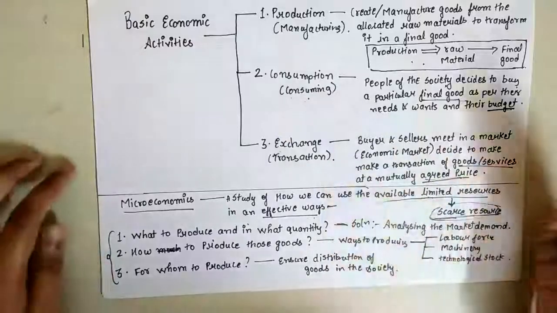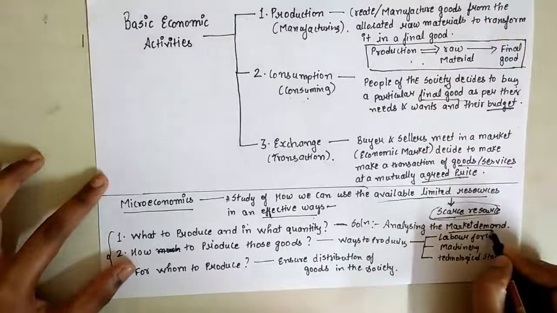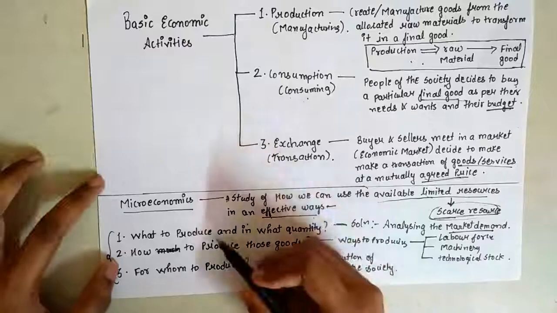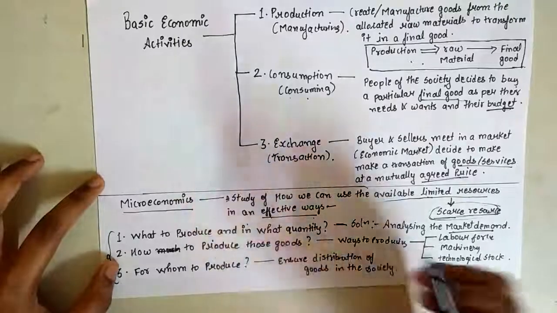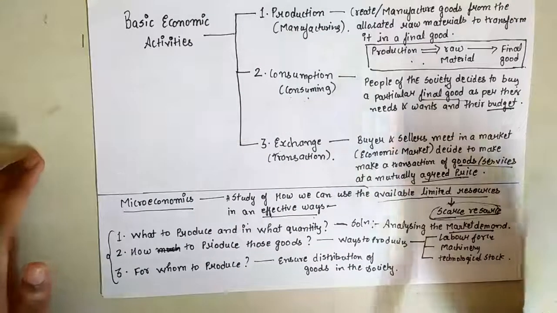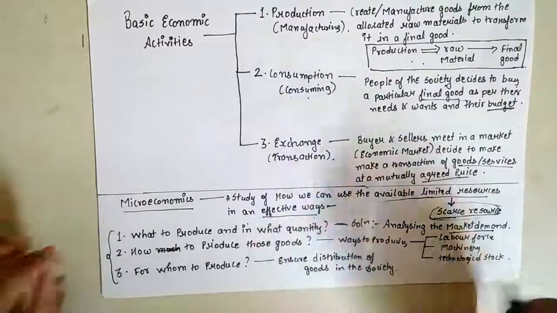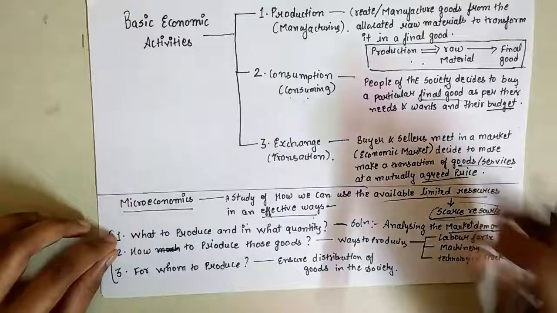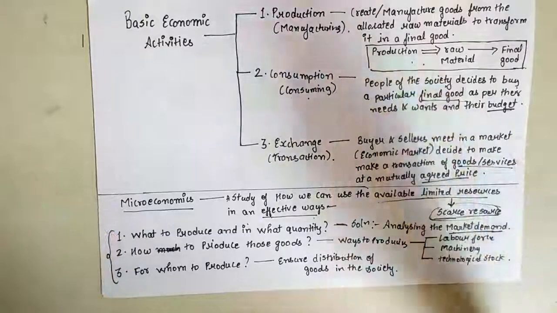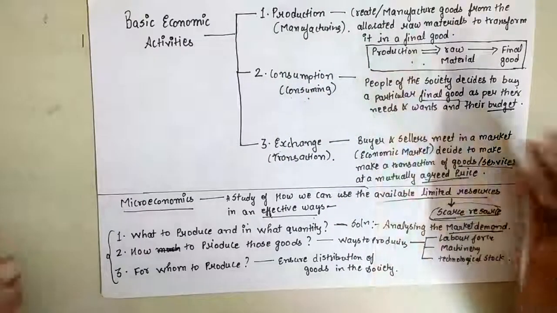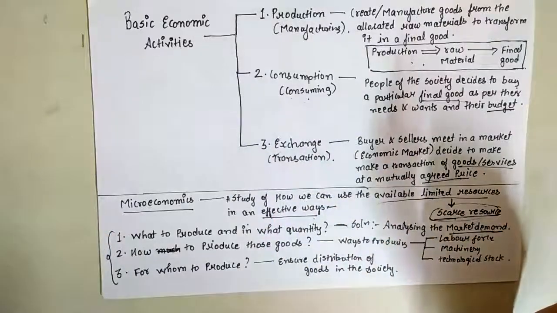That means we need to analyze the market demand and decide what service or good needs to be produced and how much it is in demand. How much it is in demand means how much the consumer is willing to buy it, or is the consumer willing to spend his money to buy that particular commodity.